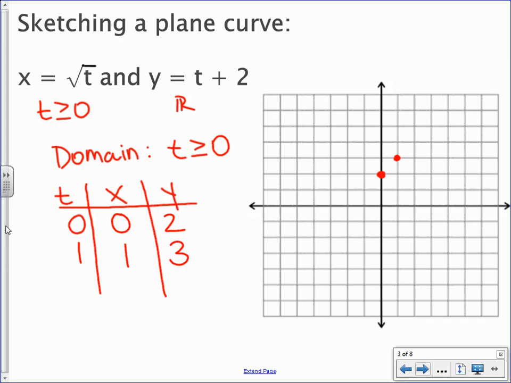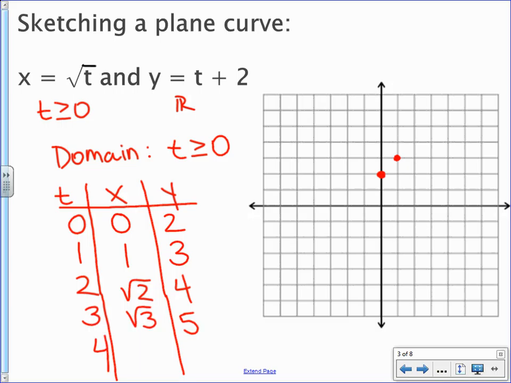Okay. Then we can plug in 2. We get square root of 2. 2 plus 2 is 4. That's not a really nice coordinate to plot. We can plug in 3. Square root of 3. 3 plus 2 is 5. That's not really pretty either.